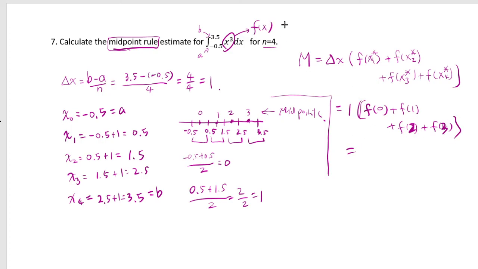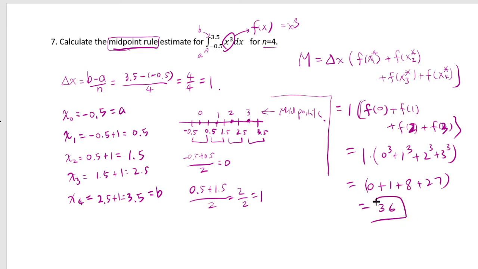Because f of x is x cubed, these are cubed. So it's 1 times (0 cubed plus 1 cubed plus 2 cubed plus 3 cubed), which is 0 plus 1 plus 8 plus 27, and that's equal to 36. And that's it. That's the midpoint approximation of this definite integral with n equals 4.